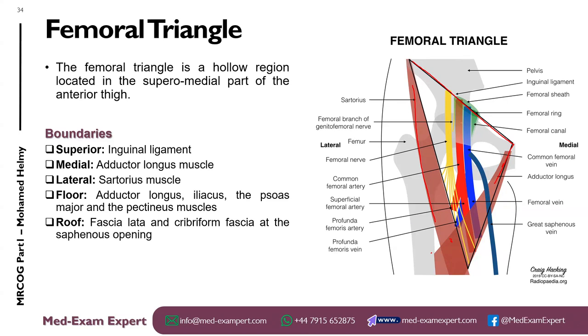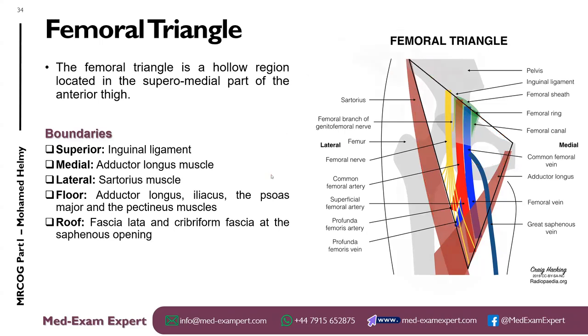And the roof of the triangle is made by the fascia lata, which is the deep fascia of the thigh, and the cribriform fascia at what we call the saphenous opening. Here we have an opening called the saphenous opening, and it's covered by a fascia called the cribriform fascia.